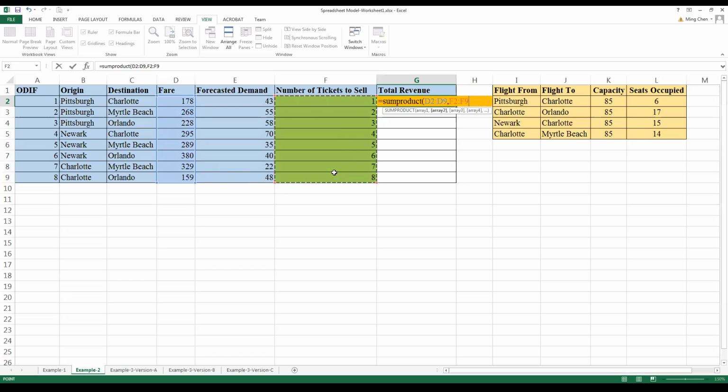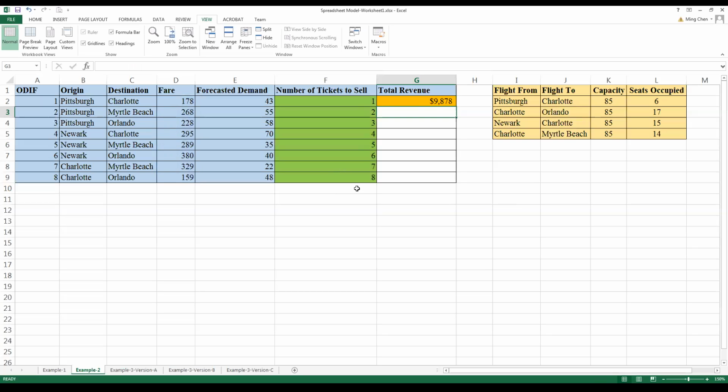So D2 to D9, then F2 to F9, 2 different parameters. For SUMPRODUCT, as we know, you will do multiplication first. It will be 178 times 1, 268 times 2. Then add up. That's what SUMPRODUCT does. So we can make $9,878 if we do something like this. So that's how we fill the table.